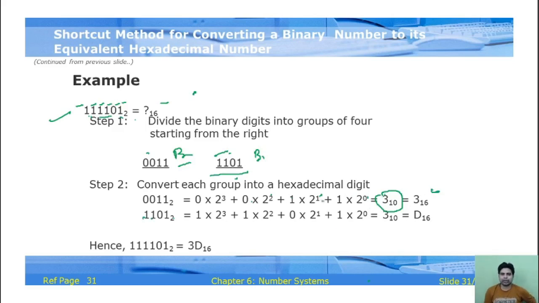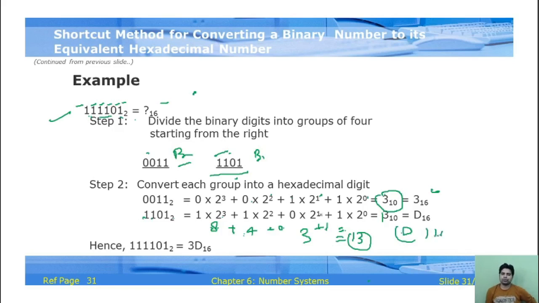Here we calculate 8, 4, 0, 1, that is 8 and 4 is 12, plus 1, total 13, and 13 can be written as D in base 16.